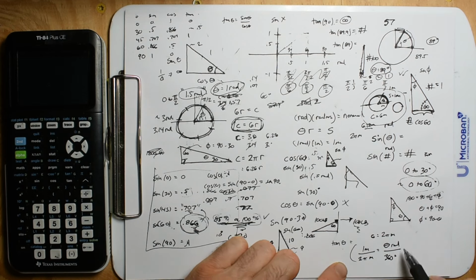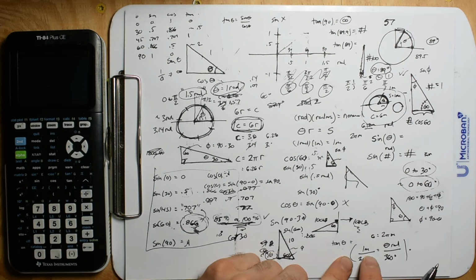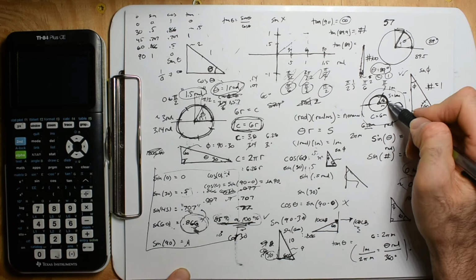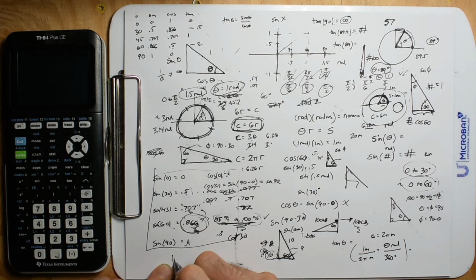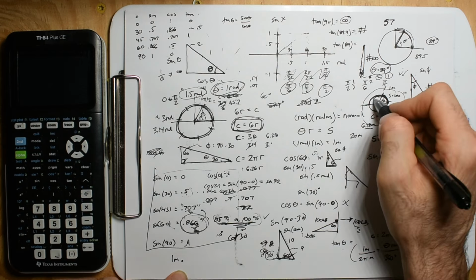I don't like doing the factor label method this way, but I think the easiest thing to do is to ask what we know. We know we have an arc length of 1 meter, and we want to divide by the circumference of a circle.